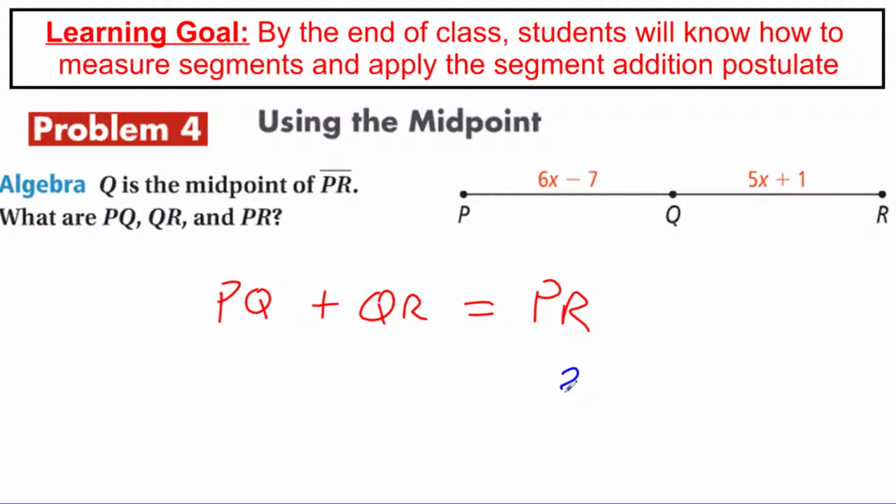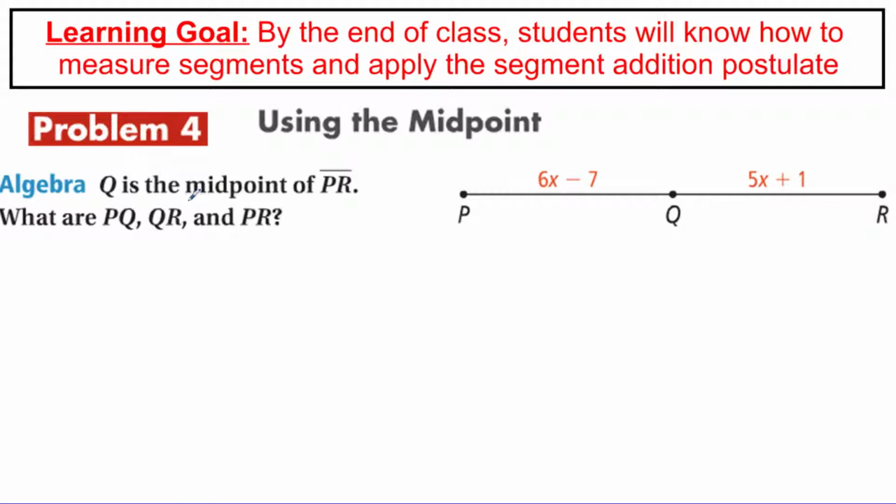So I can't finish this expression because I don't know what PR equals, right? So we're missing something, and it doesn't let me use the segment addition postulate. We can only use the segment addition postulate when I know about all of the parts of the line segment and the line segment itself. Because we don't know the length of the line segment, we can't use it.